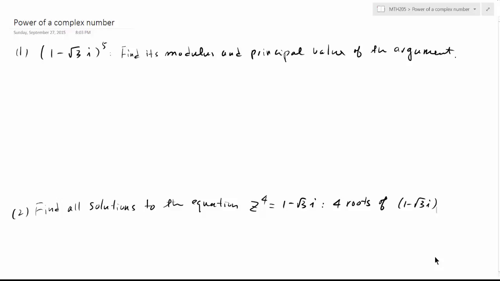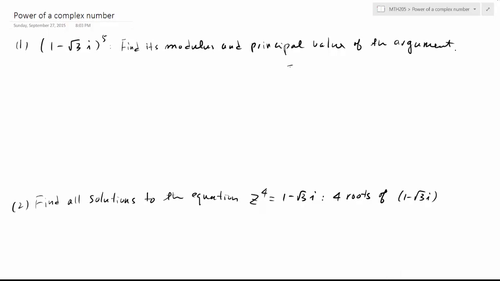So if z is equal to r cosine theta plus i sine theta, then z to the power n is simply r to the nth, and cosine n theta plus i sine n theta.